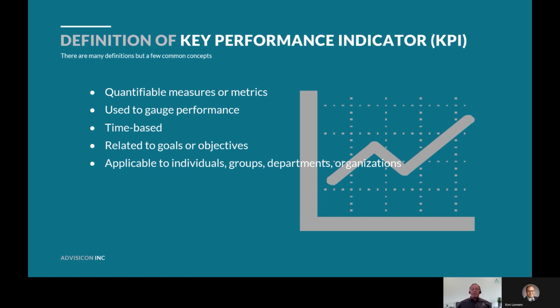They're time-based, so they're relevant to an as-of date, which might be now, it might be last Thursday, it might be when we had our meeting previously. They always relate to goals or objectives. And that's one of the key stumbling blocks that I encounter in working with clients and other analysts: they forget that a KPI has to be related to some sort of a goal or objective. KPIs can be applicable to any size group from one to many.